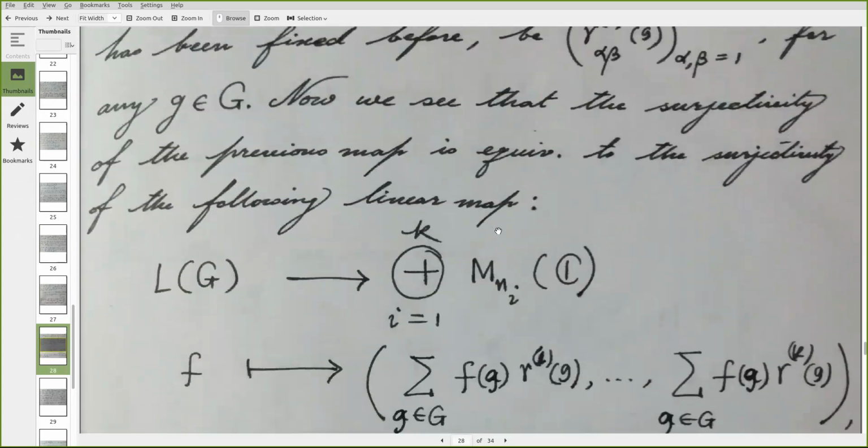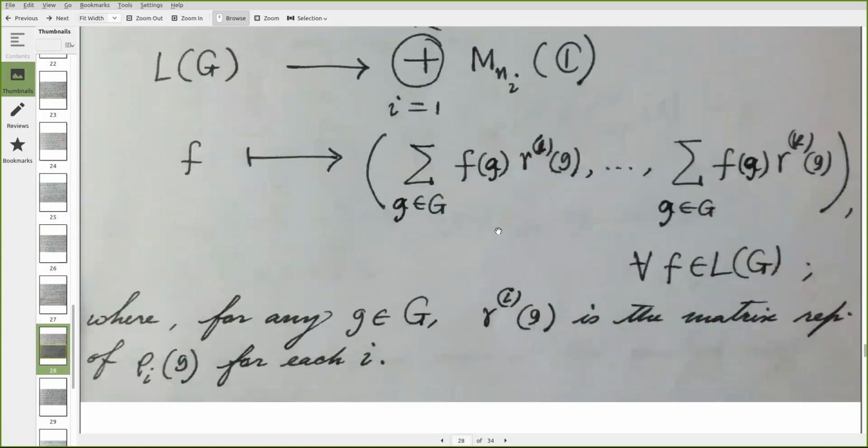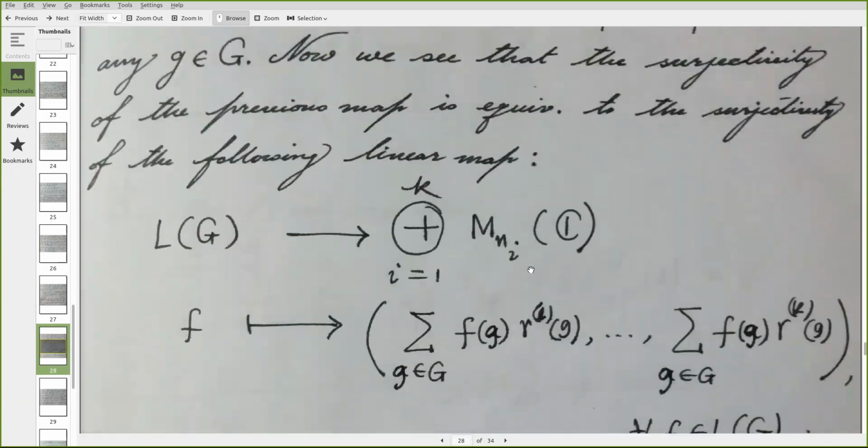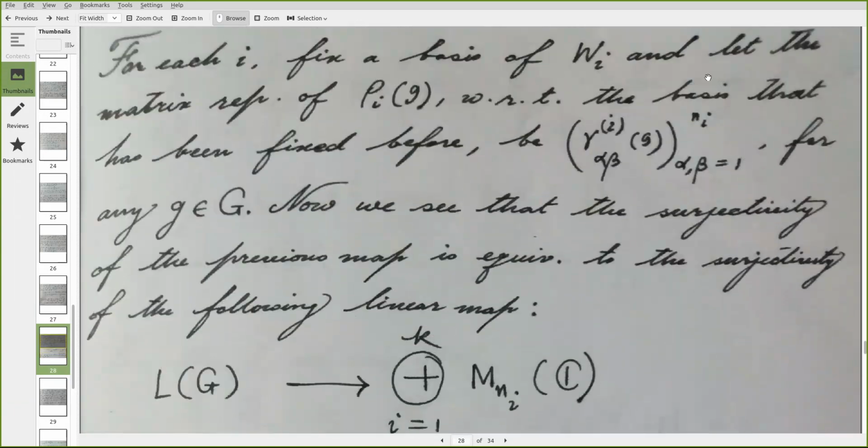Whenever a matrix A is given, we usually write the typical elements as A_ij. So the matrix of rho_i(g) is denoted by R_ij, which is written in this form.